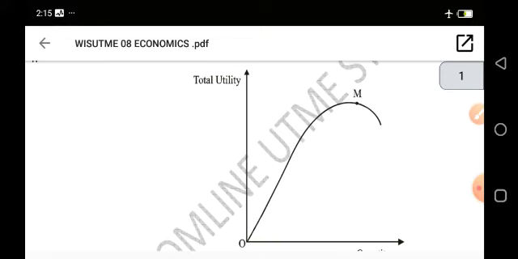So diagram 4, as you can see there, we are talking about consumer behavior. We talk about total utility there. Seeing total utility there, you agree with me that point M is a point of saturation where total utility is at the maximum.